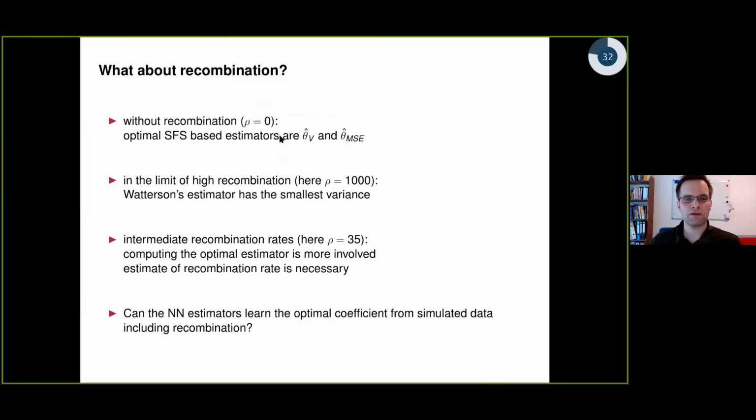However, what about recombination? What if we include recombination? Because all of those optimal estimators by Fu and Li have been computed in this scenario without recombination.